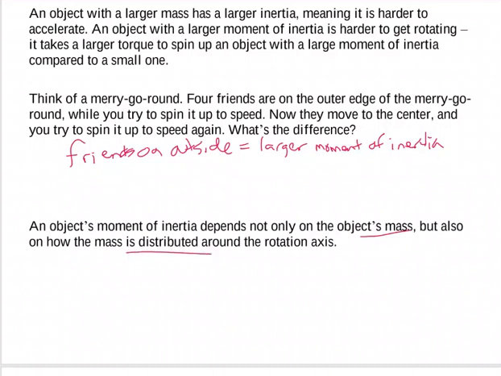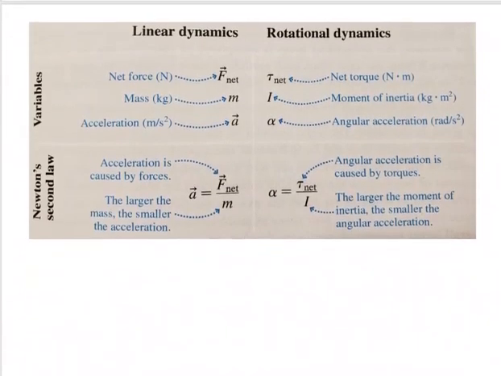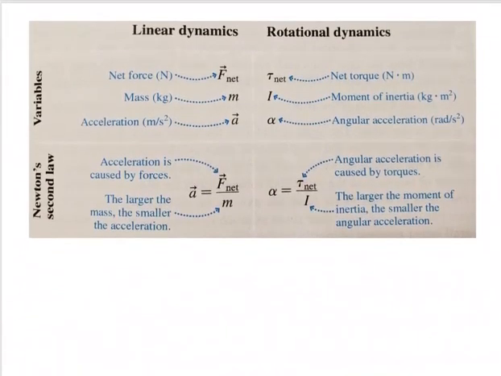Okay, so we have linear dynamics and the comparison with rotational dynamics again. The net force would be F net. The net torque would be tau net. The mass is M. Now in rotational dynamics, the moment of inertia is the comparison, and that is I. Acceleration is a, of course, and now angular acceleration in radians per second squared is alpha.